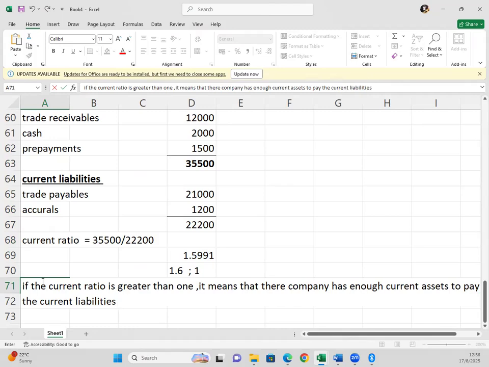A business should pay the current liabilities using current assets, such as taking money from the bank. So if the ratio is greater than 1, it means my current assets are enough to pay the current liabilities.